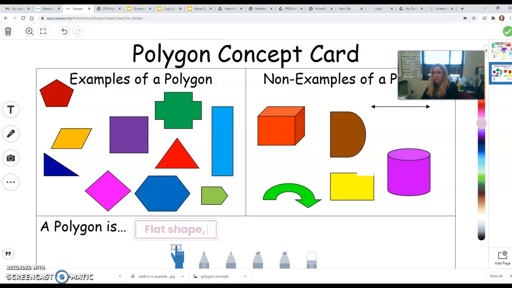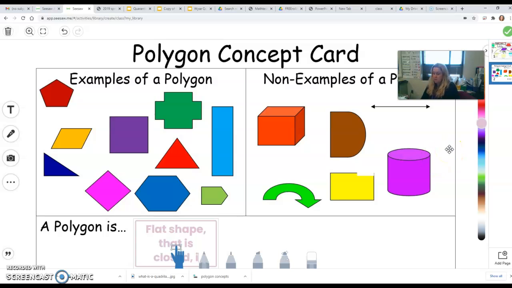It is a flat shape that is closed. Closed, so it can't be an open shape like this one right here.